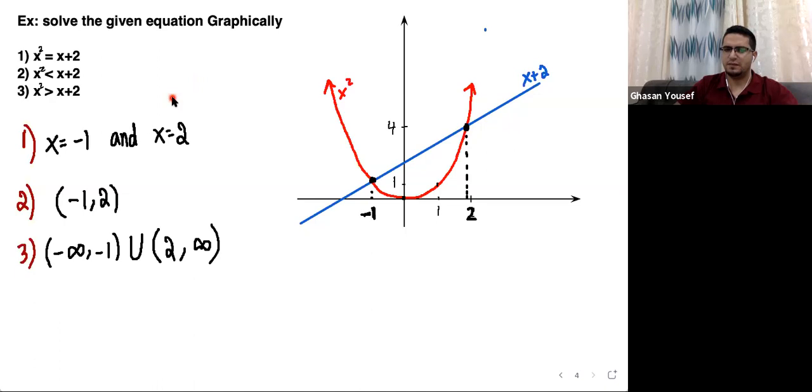You have to make a table for both of the functions. After you graph both of them, I tell you solve the given equation graphically, like this.